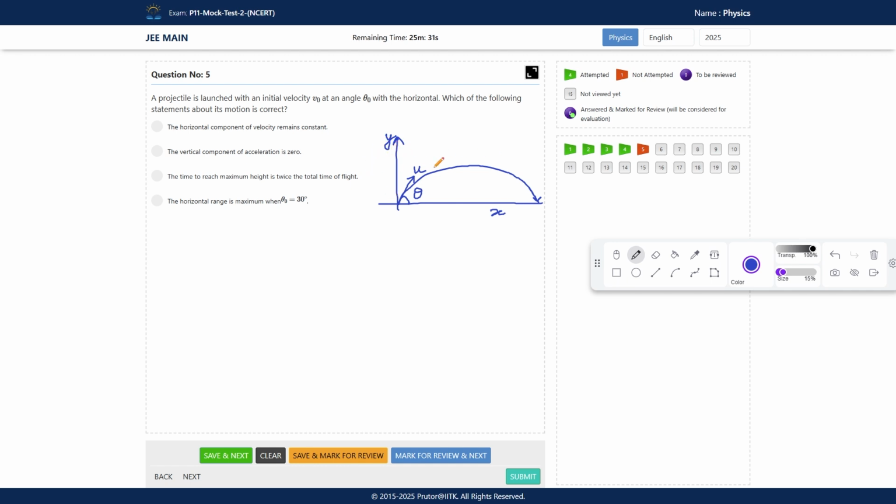When the projectile is launched, there is only acceleration in the y direction, vertically downward. There is no acceleration in the x direction. It means the horizontal component of velocity remains constant. So which one is correct? Yes, good.